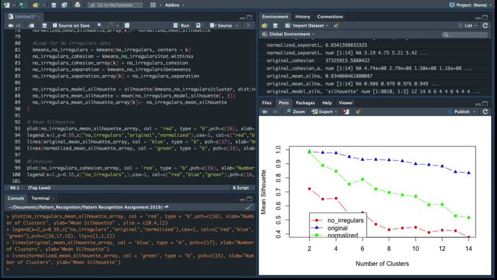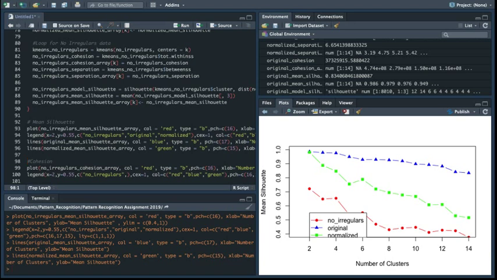You can run everything, you can take results from maths, but the whole point is to understand what you are seeing and try to make a conclusion from all the results of the algorithms. So we are going to use as our main data set the normalized one, as we can see that the silhouette is better than the no irregulars one.